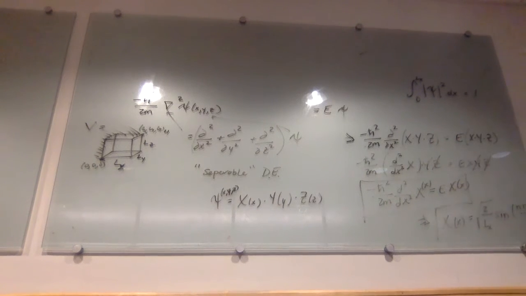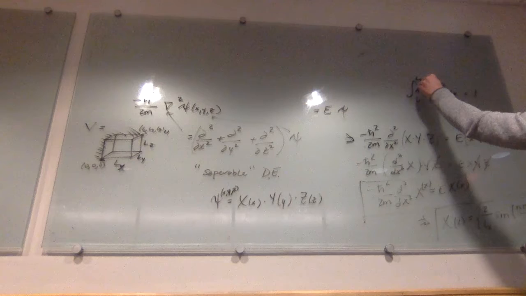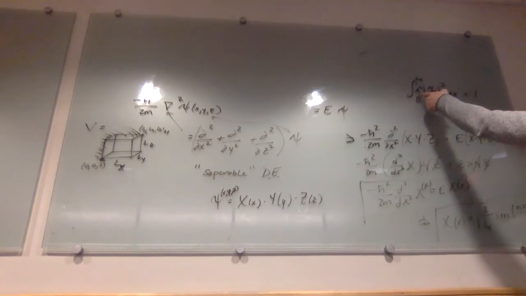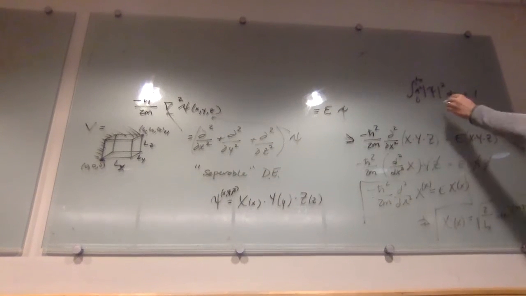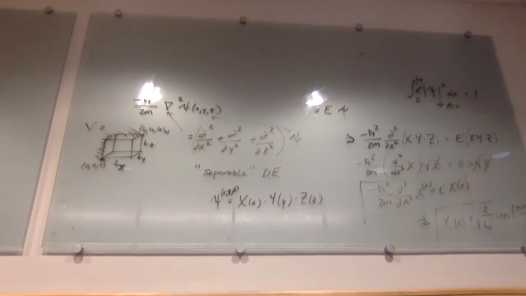This must be equal to 1, and then we can solve for the constant out front. Really it's like psi is the wave function, and so squaring it gives you a squared psi squared, and then we can solve for a, which is square root of 2 over Lx or something. So that was just how we solved that thing.